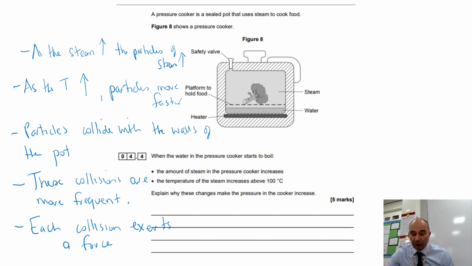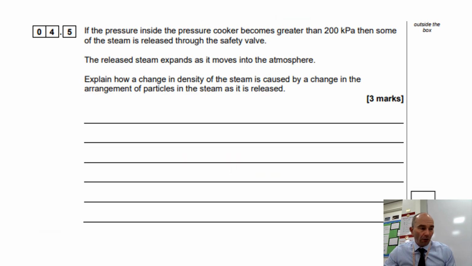That's why the pressure goes up. There's your 5 marks. It's worth learning this every time, and this almost links to things like your chemistry with your rate of reaction, about what happens when we increase pressure, what happens if we heat a sealed can. It's a similar kind of answer every time, so it's well worth revising that one frequently.